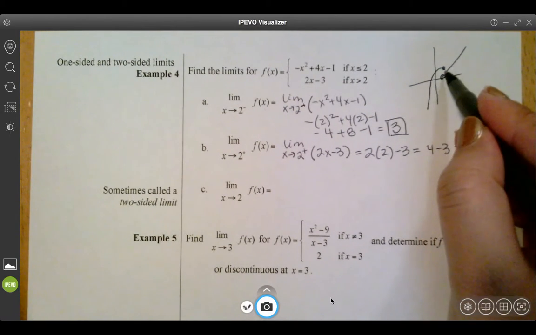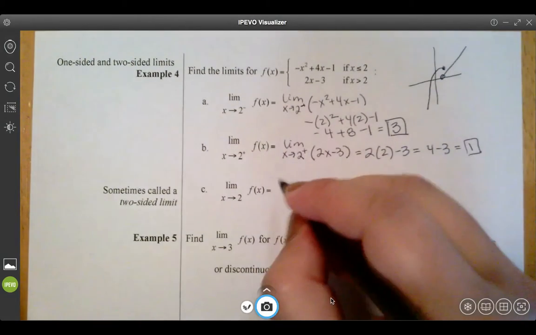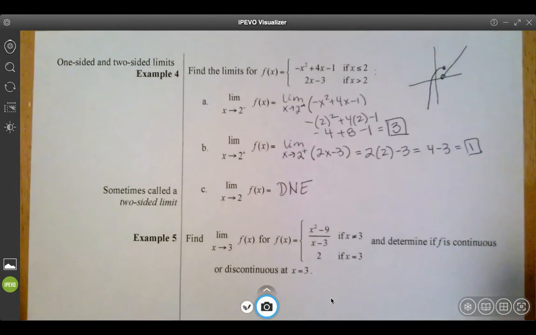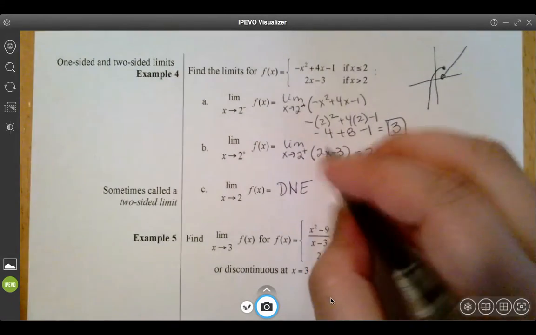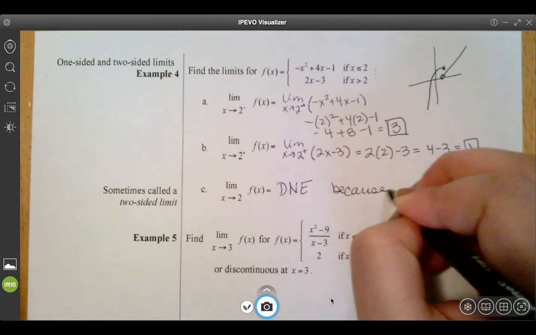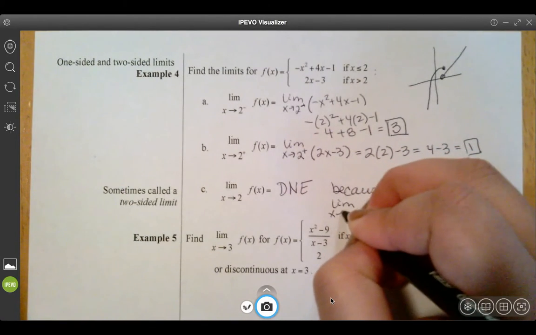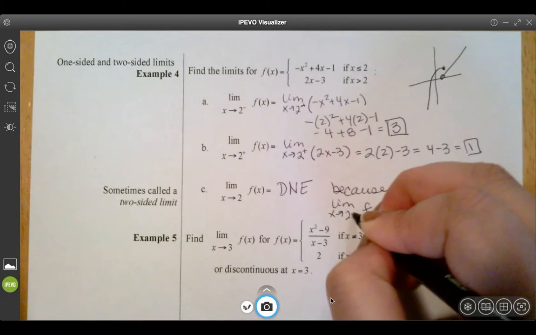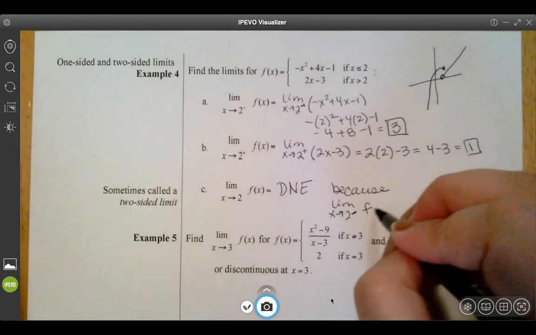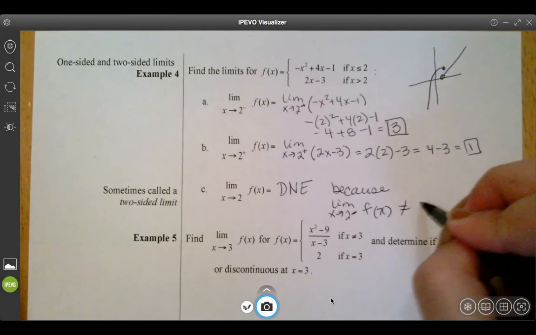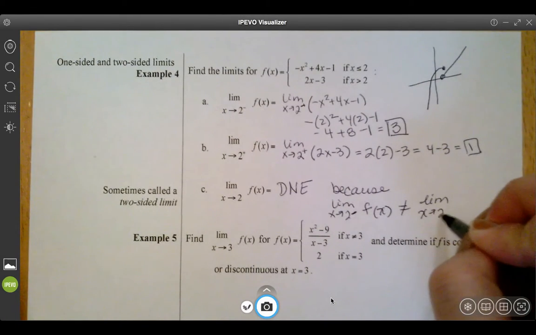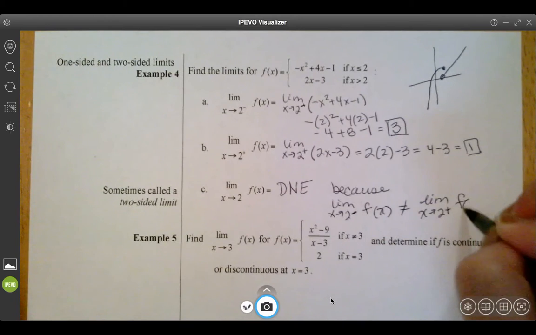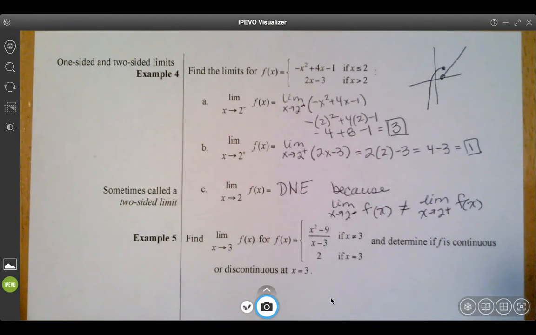So just as we saw on the graph, these do not end at the same function value, and so this does not exist, because the limit as x approaches 2 from the left of f of x does not equal the limit as x approaches 2 from the right of f of x. If the two limits do not match, the two-sided limit does not exist.